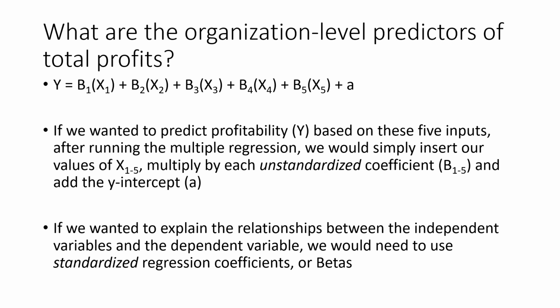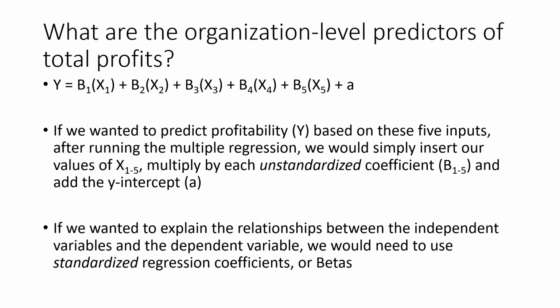If you want to predict profitability, so that's your dependent variable, based on these 5 independent variables after running the multiple regression, then all you would do to make that prediction is to insert your values of x1 through x5, multiply each by your unstandardized coefficients, that would be b1 through b5, and then add the y-intercept. So it's really simple math.